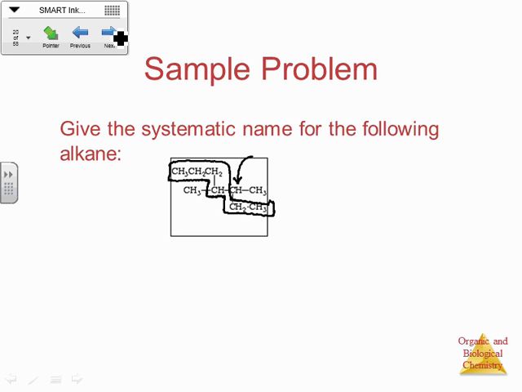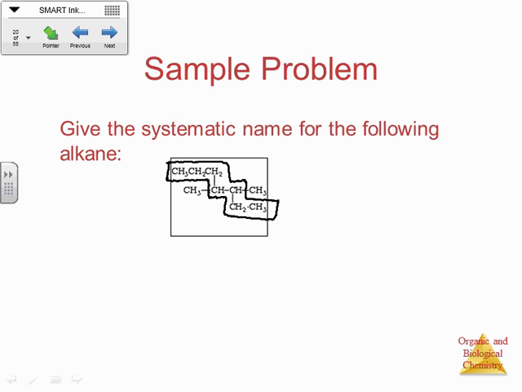Let's see here. What we want to do is number these carbons in such a way that we get to the substituent as quickly as possible. And I'm just realizing I drew that box incorrectly. It needs to go like this. There we go. That makes more sense than what I drew before; I cut off one of the bonds. So then we're going to number this.